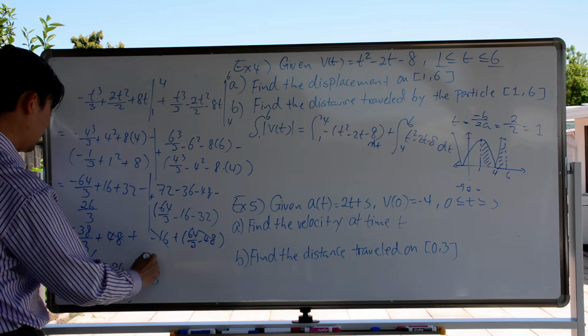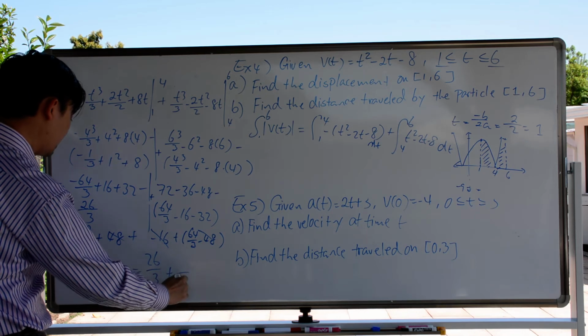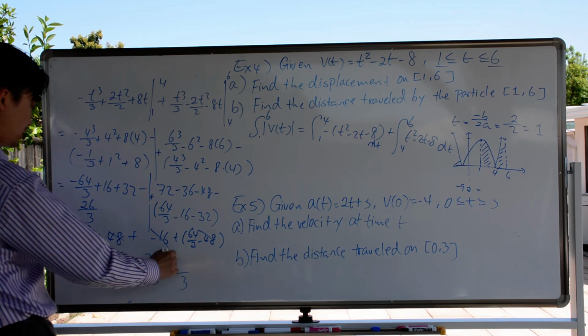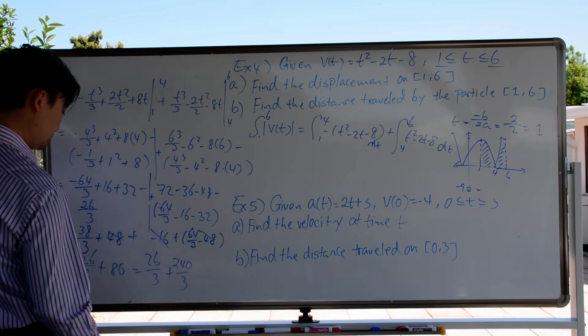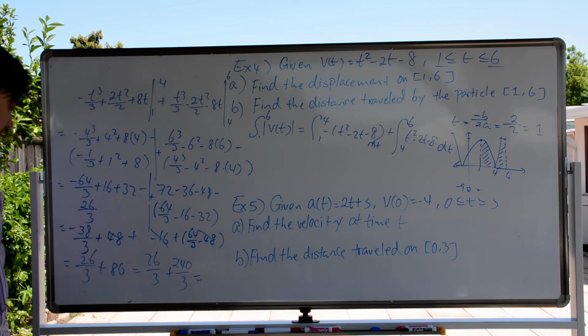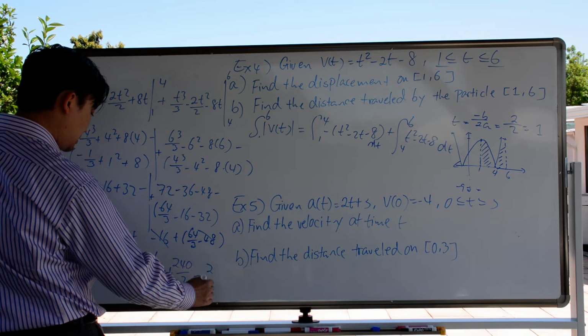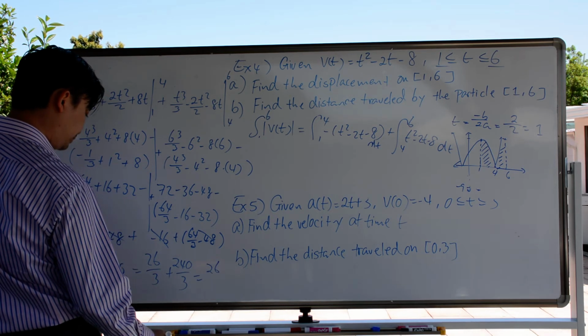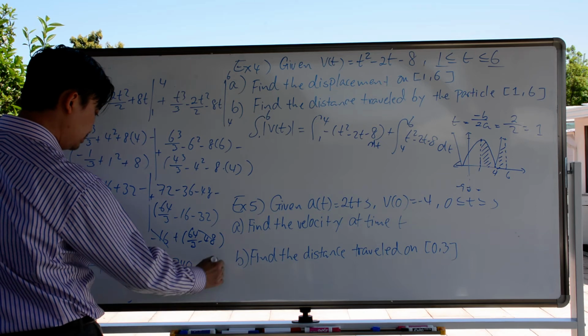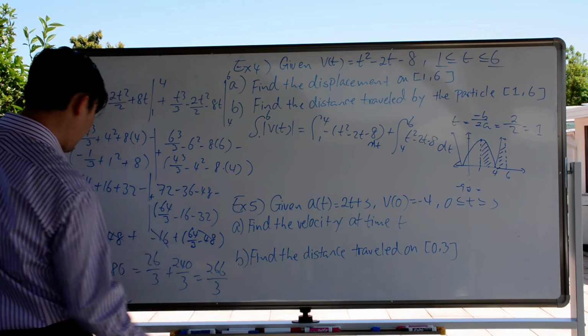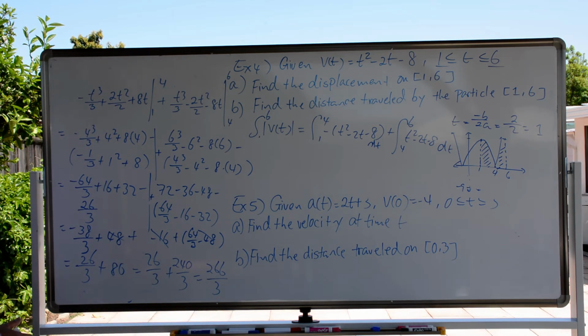The common denominator is 3, so 240. So combine them, then that'll be 66 over 3. So that'll be the total distance.